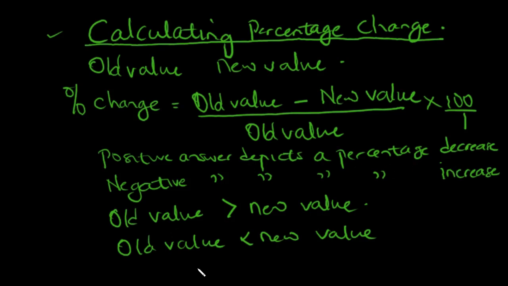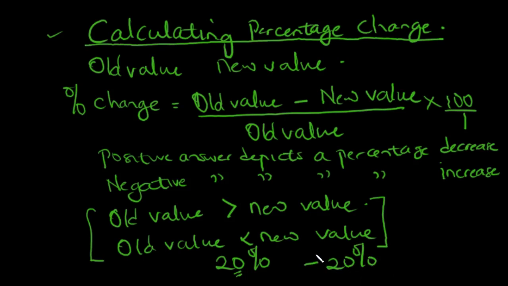Now, interpreting the answer, the sign in front will only help you to understand whether it's an increase or a decrease. But what we actually need is the absolute figure. For instance, if I have 20%, this tells me there has been a 20% decrease. If I have minus 20%, this tells me there has been a 20% increase.